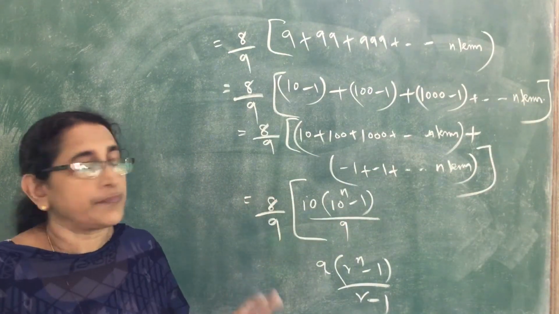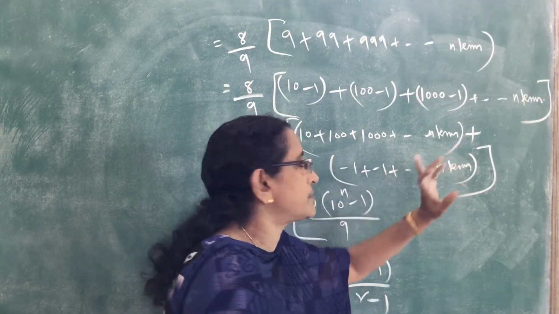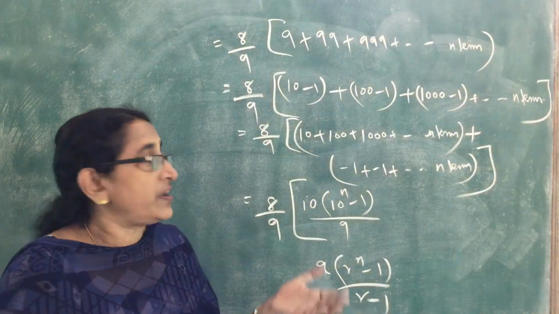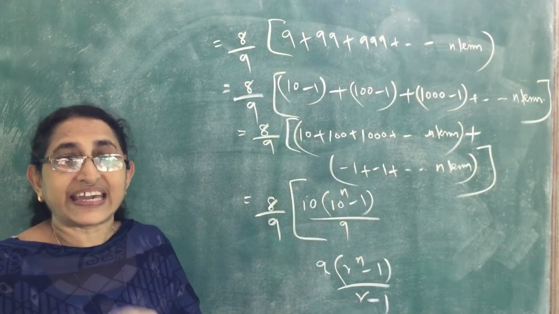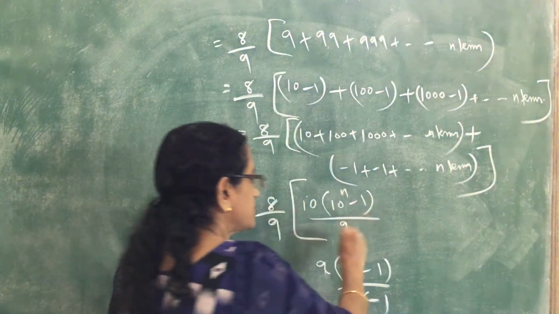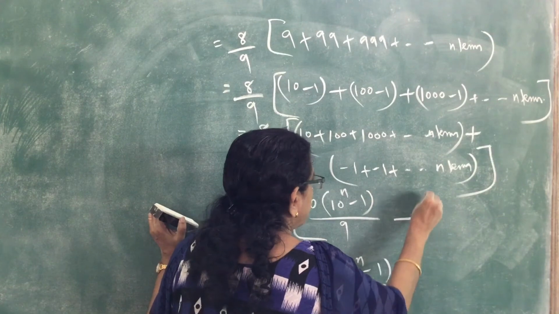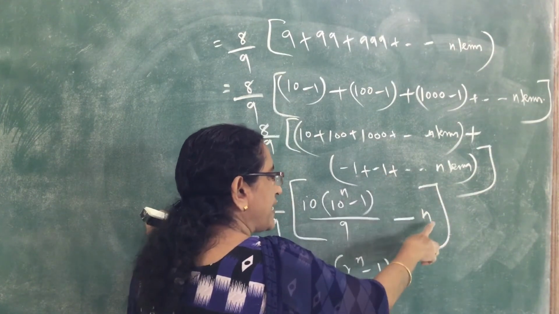So that we found. Now one more series is there, minus 1 plus etc., n terms. There are n minus 1s. When we add minus 1 n times, what do we get? Minus 1 into n, that is minus n. So adding minus 1 n times, we get minus n.